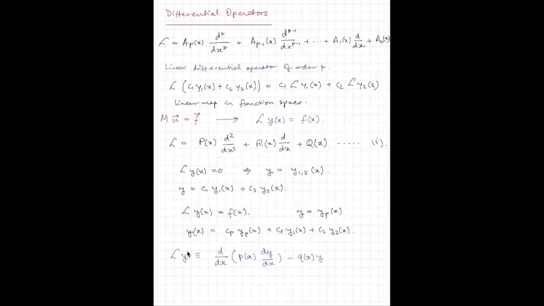Okay, let's call this equation 2. Here p(x) is going to be real and once differentiable, and q(x) is going to be real and continuous. Okay, that's what we will do.